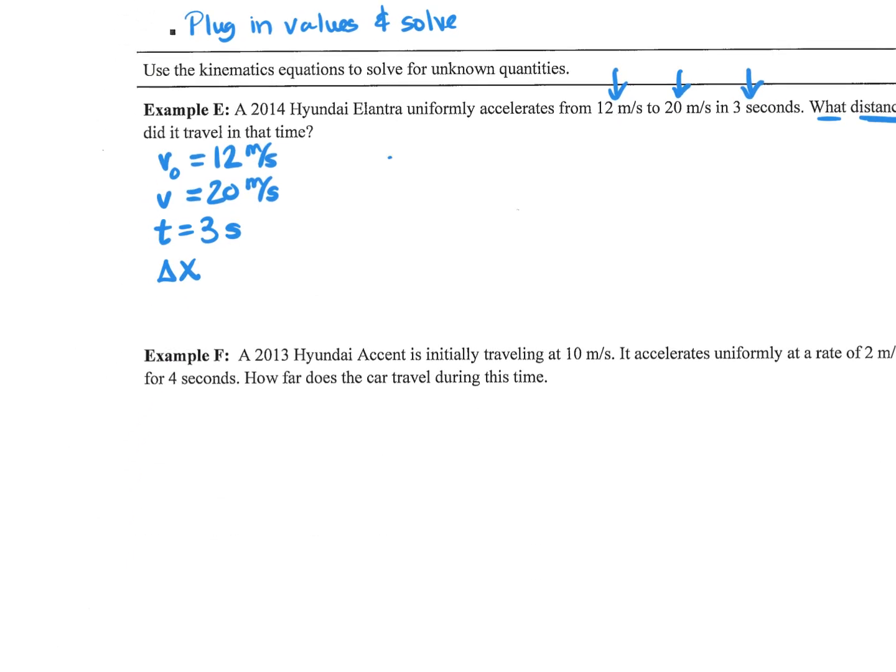Delta x equals (v final plus v initial) divided by 2 times the time, doesn't it? So what are we going to do with the two velocities? 12 plus 20 divided by 2 times what? 3 seconds.